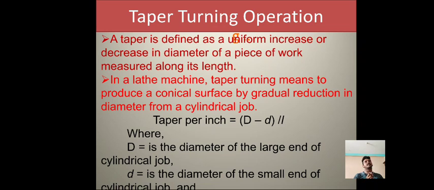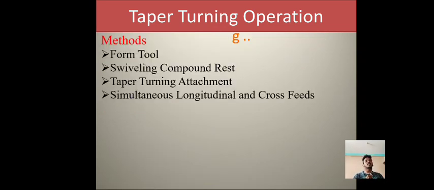And what are the methods that are followed? There is the form tool, swiveling the compound rest, the taper turning attachment, and simultaneous longitudinal and cross feeds. These are the methods to be followed to obtain the taper turning.